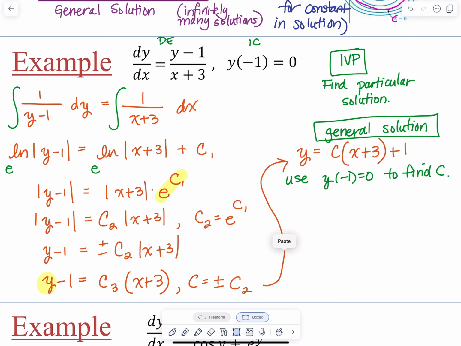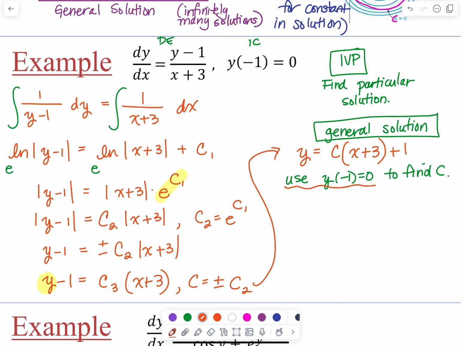Plugging that in, we will have 0 equals c multiplied by (negative 1 plus 3) plus 1.